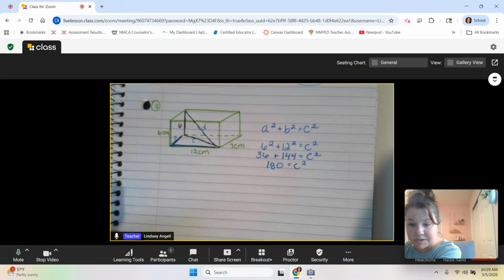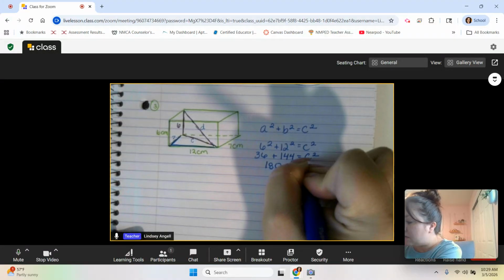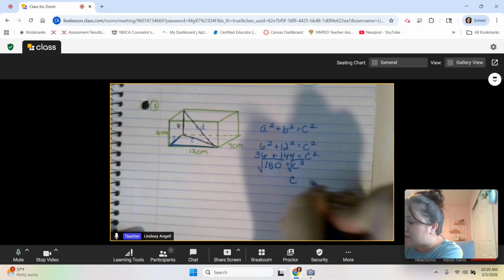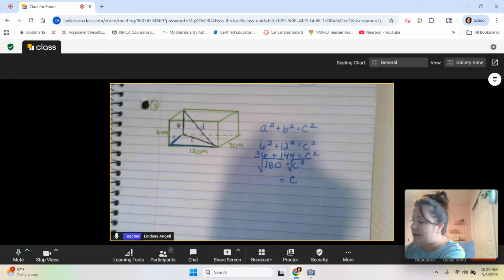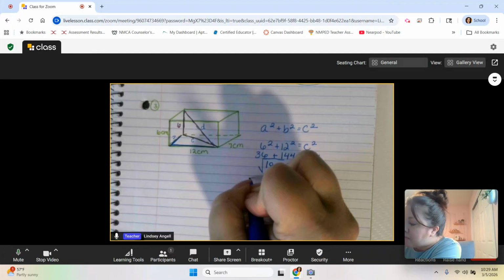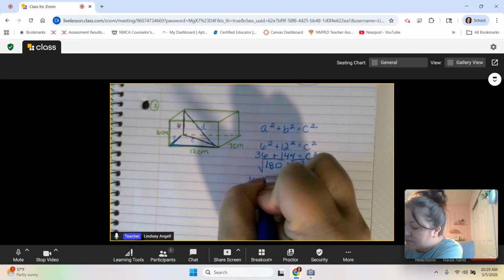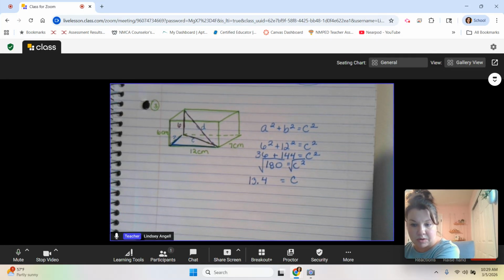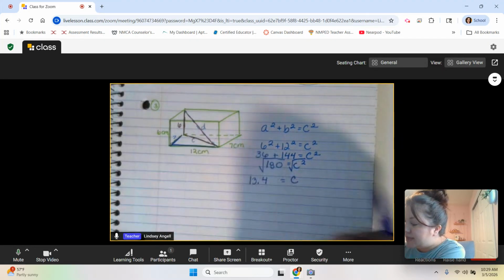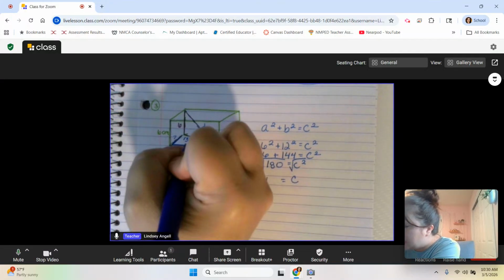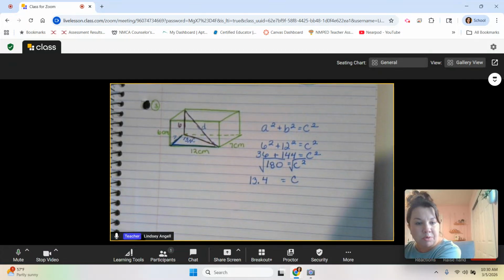The next thing we have to do is unsquare both sides, because that will cancel out the square on the right and give us what c is equal to. Doing it on my calculator, I'm going to take the square root of 180. That gives me approximately 13.4. So c, the length of this, is about 13.4.